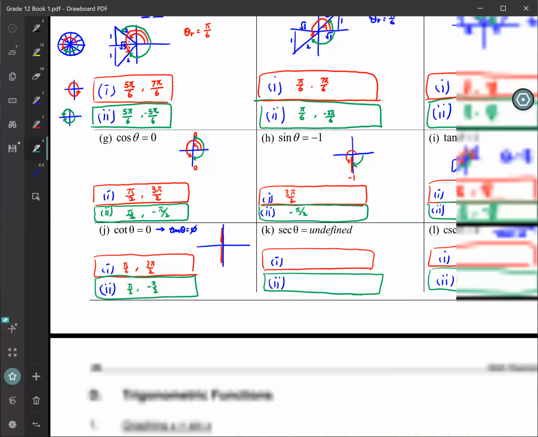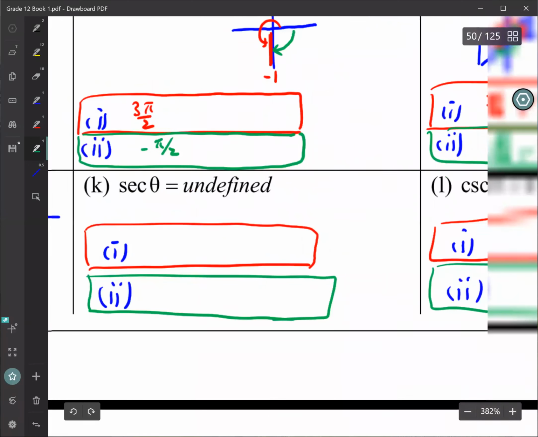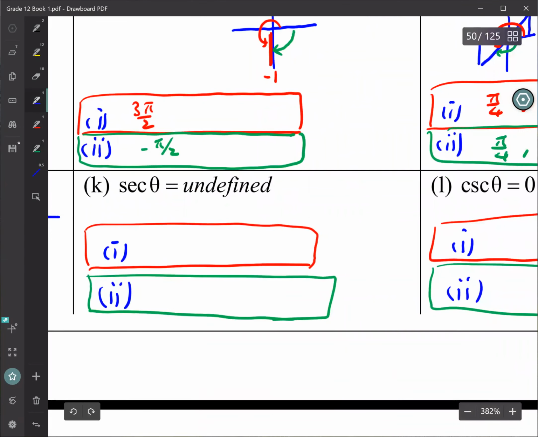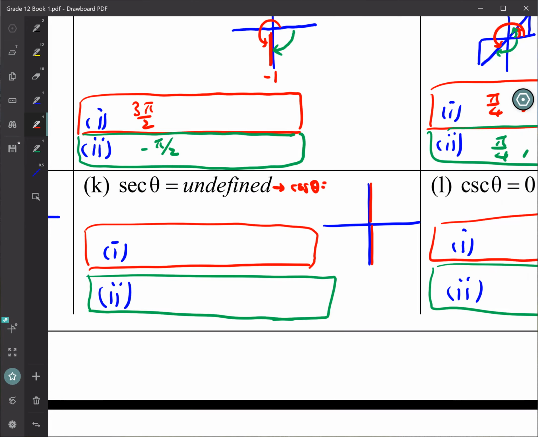Okay, so Trudy, where is secant undefined? Where do we draw the line? On the 90 and 270. Okay, very good. So this one is same as cosine equals what? Secant undefined is the same as cosine equals to what?